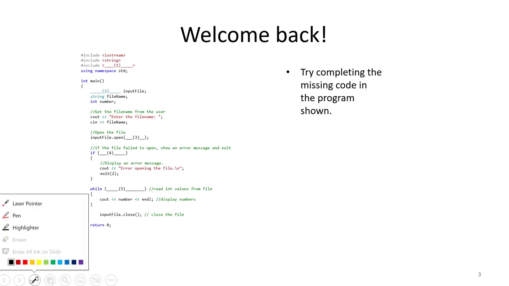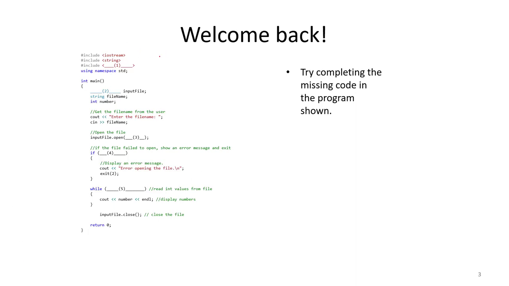So let's go ahead and discuss together. Blank number 1 here should be include fstream. Remember, we need to include the fstream header in order to access file manipulation tools.